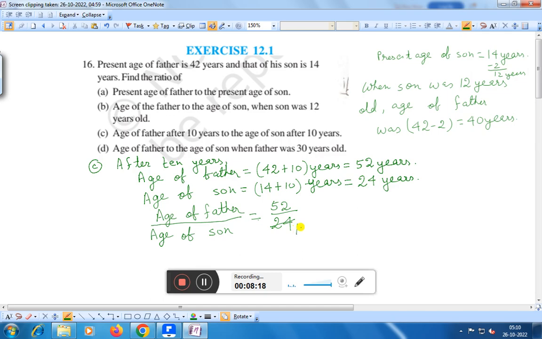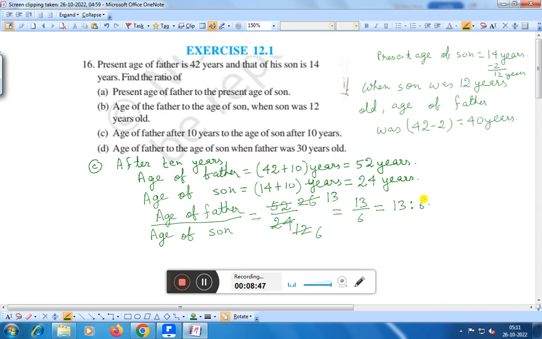If we divide it by 2, 2 twos are 4, 2 sixes are 12, 2 ones are 2, 2 threes are 6, that is 13 by 6, that is equal to 13 is to 6, right?